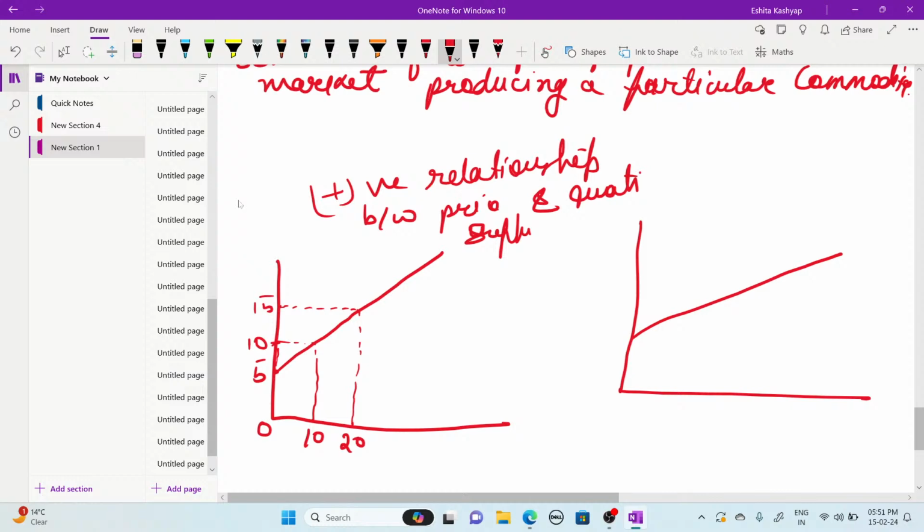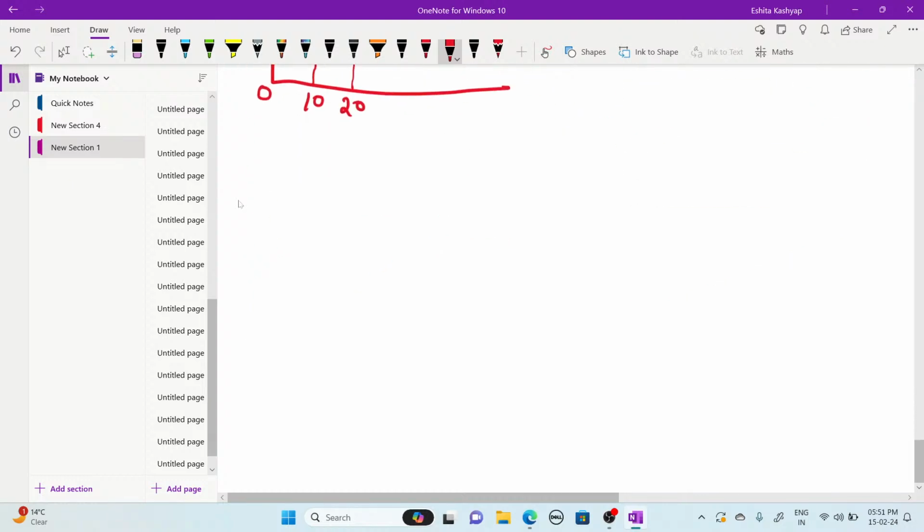So this is an individual, and this is also an individual. Let's suppose this is B and this is A. If we do the summation of A and B, we will get the market supply curve. This will be flatter as compared to the individual supply schedules.